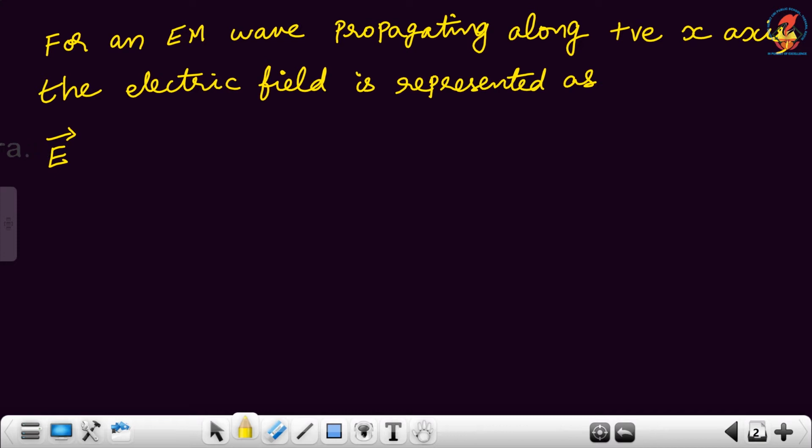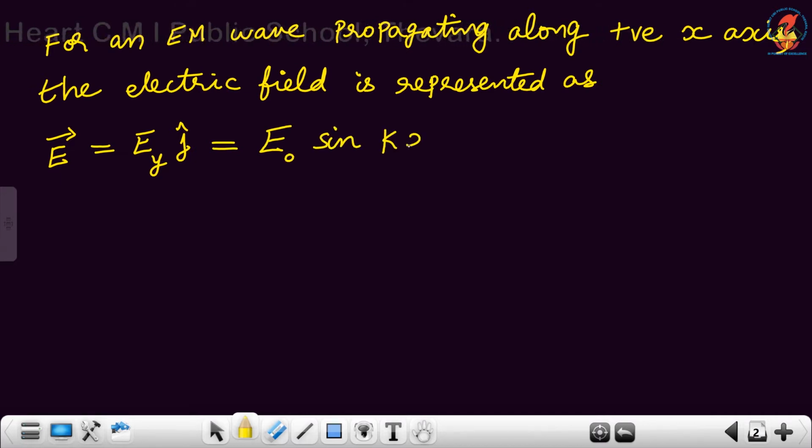vector E. Vector E is the electric field, and as I told, the electric field is along the y axis. Therefore, I will write E y j cap, and this can be written as E0 sin(kx minus omega t) into j cap. j cap is the unit vector along the positive y axis.